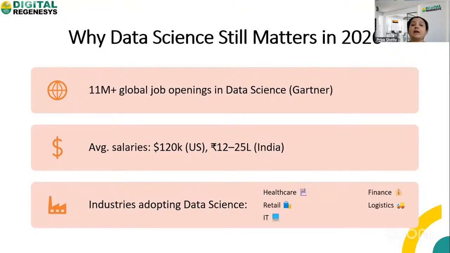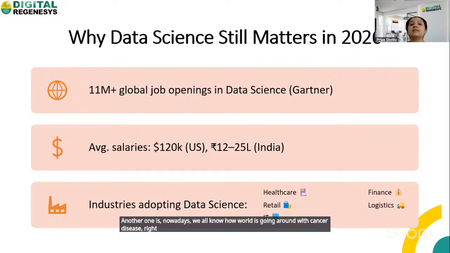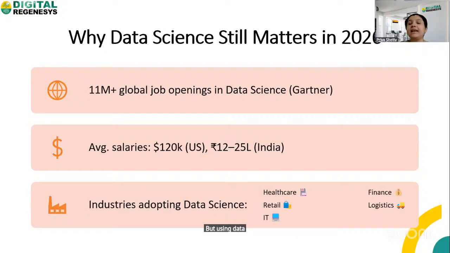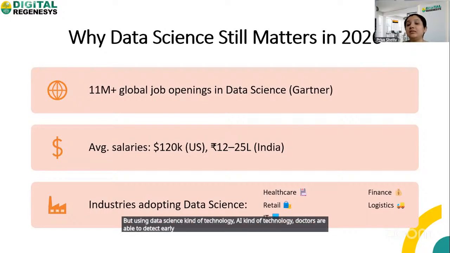Another one is, nowadays we all know how the world is struggling with cancer, right? It's a kind of disease where it's very rare for people to be identified at an early stage. But using data science and AI technology, doctors are able to detect early stages of cancer, and the proper medications can be applied.